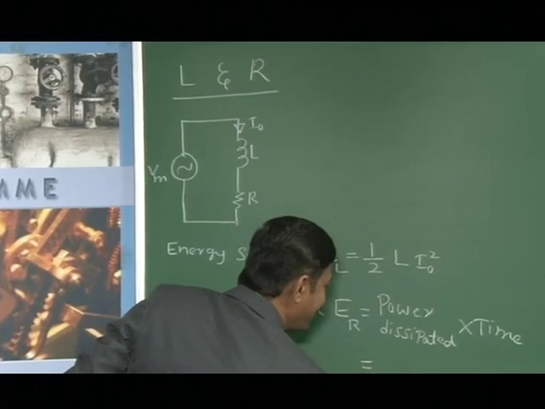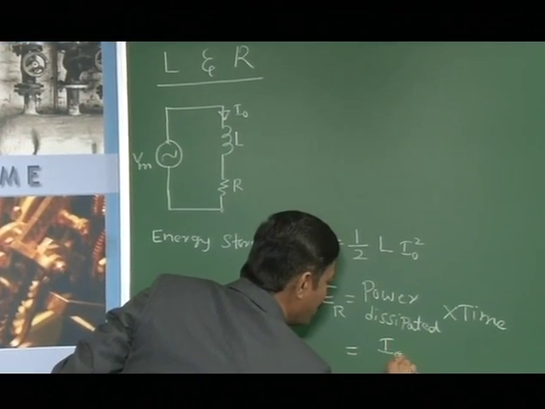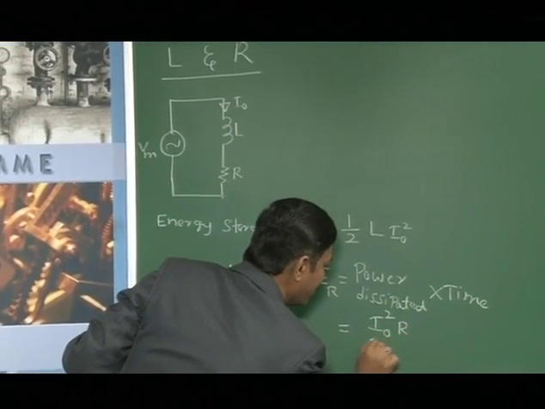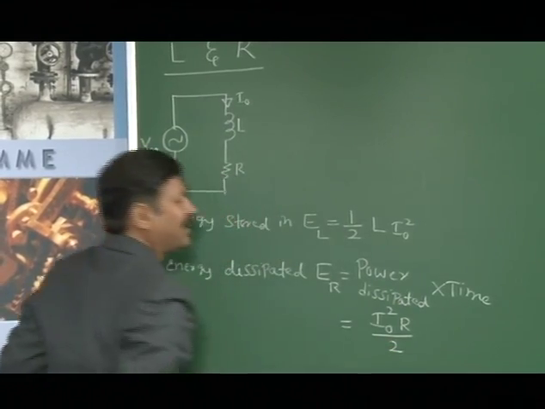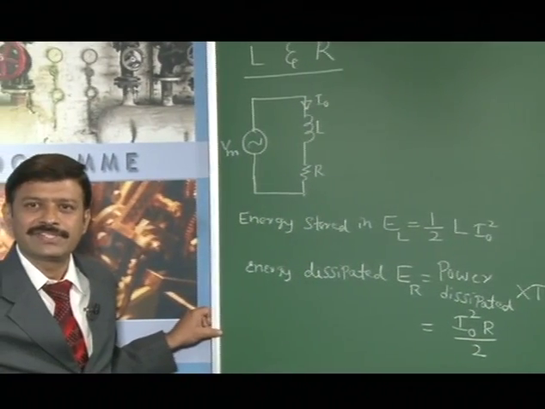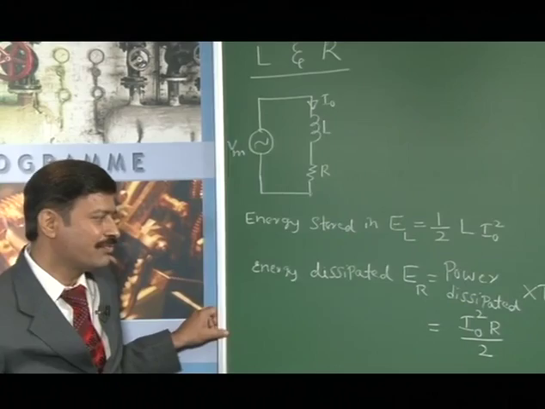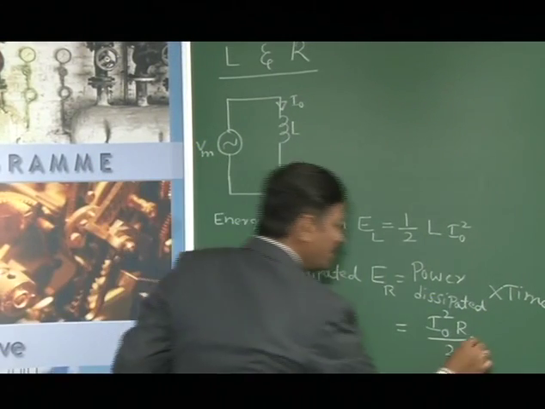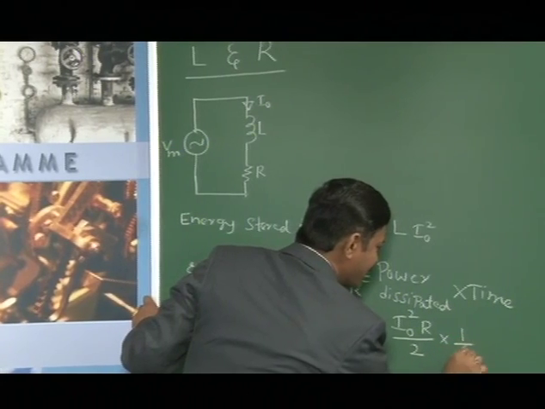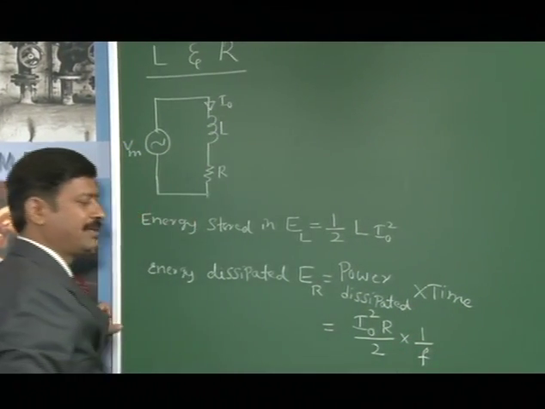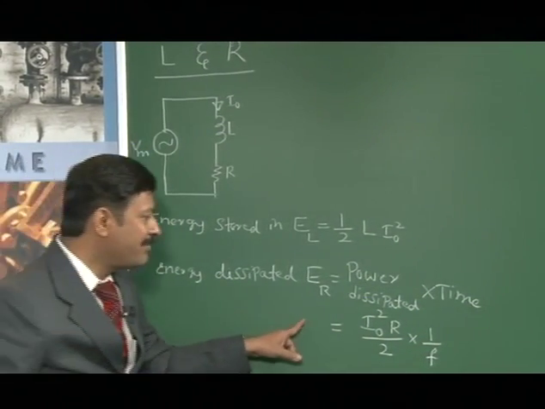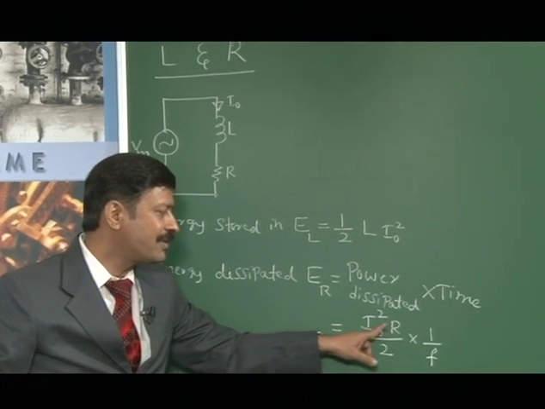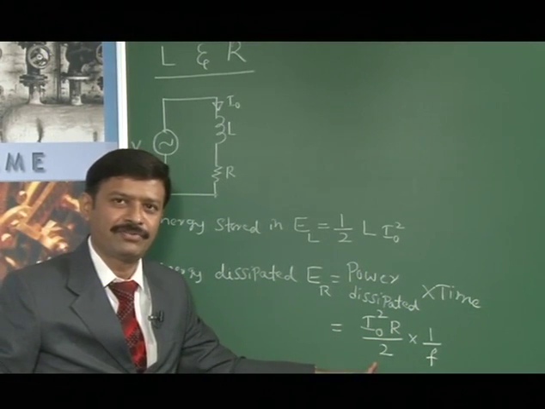Power dissipated can be written as I naught square R divided by 2. It is the RMS value; straight away I have taken the RMS value of power, it is half power I have taken here, into time, which can be written as 1 by F. So ER can be written as I naught square R by 2F.